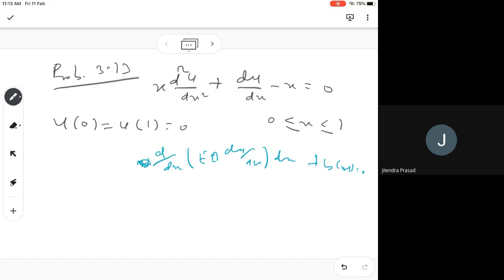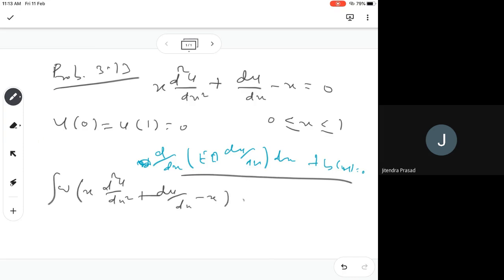You have to be careful, as I said in the beginning. So we have w times x d square u dx square plus du over dx minus x, equal to 0, integrated from 0 to L. First we always expand it.